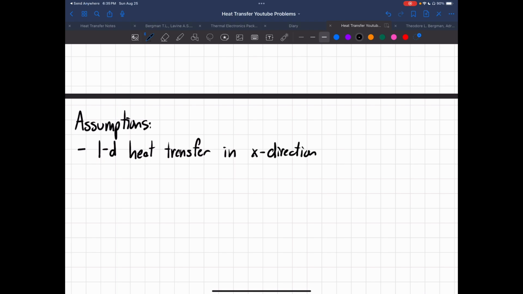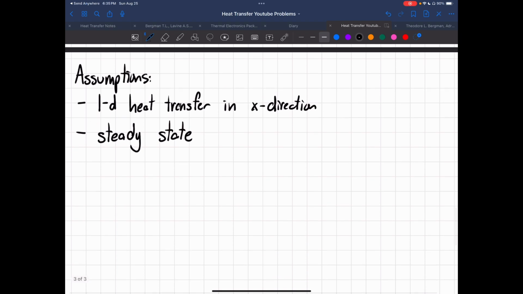Then, as we will do for most of this chapter, we are going to assume steady state conditions. We're not diving into anything transient or changing with time. And the last thing is constant properties, meaning that the thickness of the sheet is not going to change, the k, the thermal conductivity of the sheet, is not going to change, nothing's going to change. We're just going to keep it as it is.